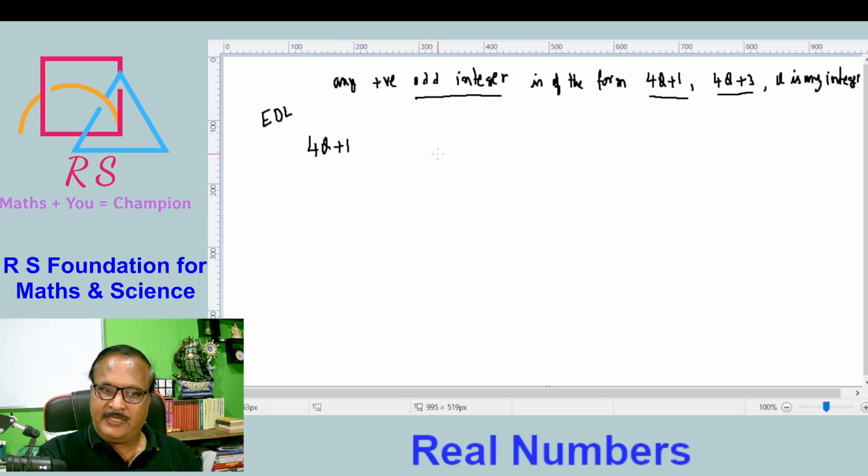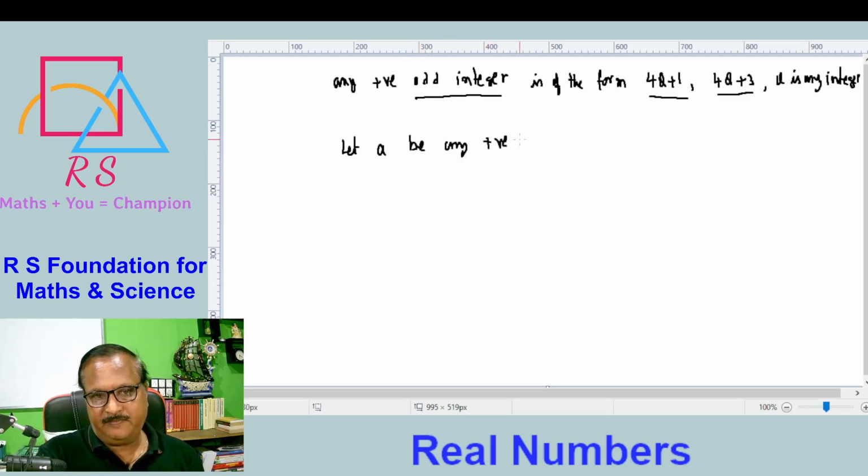So here, let us bring a formula in this. Let a be any positive integer. Now a divided by 4, because 4 is in the divisor position, so let us take 4.